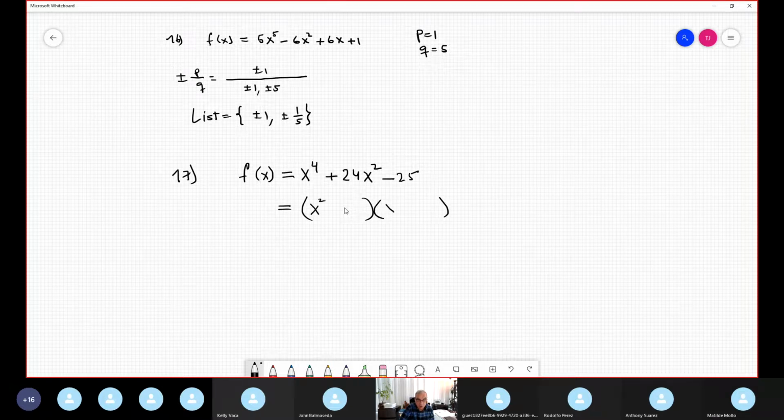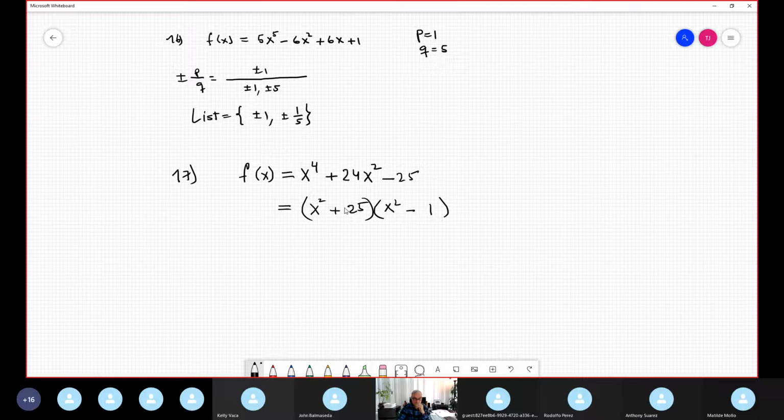Where does x squared come from? X squared is the square root of x to the 4th power. And the combination is obvious, it's 25 and 1, because 25 times 1 is 25, and 25 minus 1 is 24. How do you know it's minus? Because we see a negative sign here, so at least one is positive and another is negative. This is positive, and this is negative.